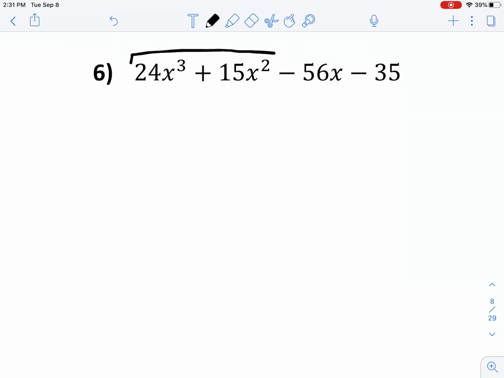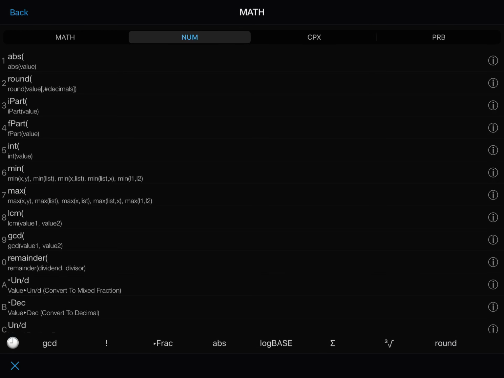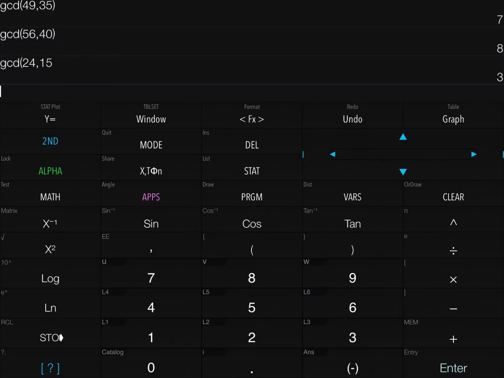So let's mark our groups for number 6. The GCF of 24 and 15. I already know that this is 3, but I'm just going to show you again. Math num 9. 24, comma 15, enter, and it gives you 3.